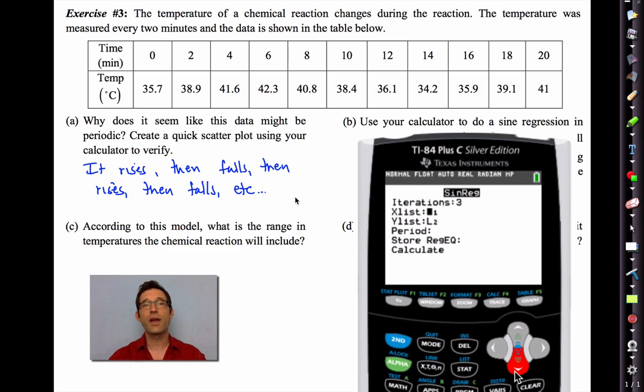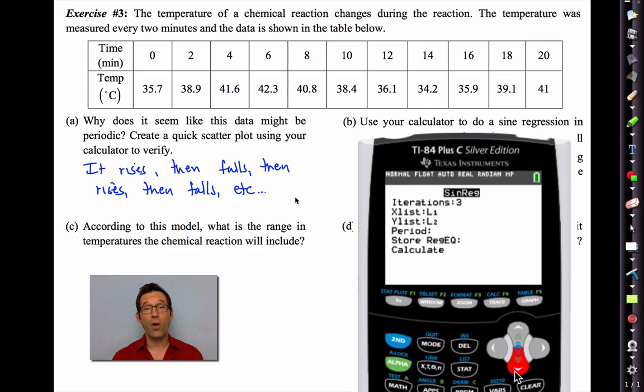It then asks me for an X list, which is L1. It asks me for a Y list, which is L2. Then it asks me for the period. Now, this is very specific to a Texas Instruments calculator, but it's also specific to sine regression. If I've put my data in there and the X values are separated by the same interval each time, I don't need to put a period in. I don't have to say what the period of the curve is.